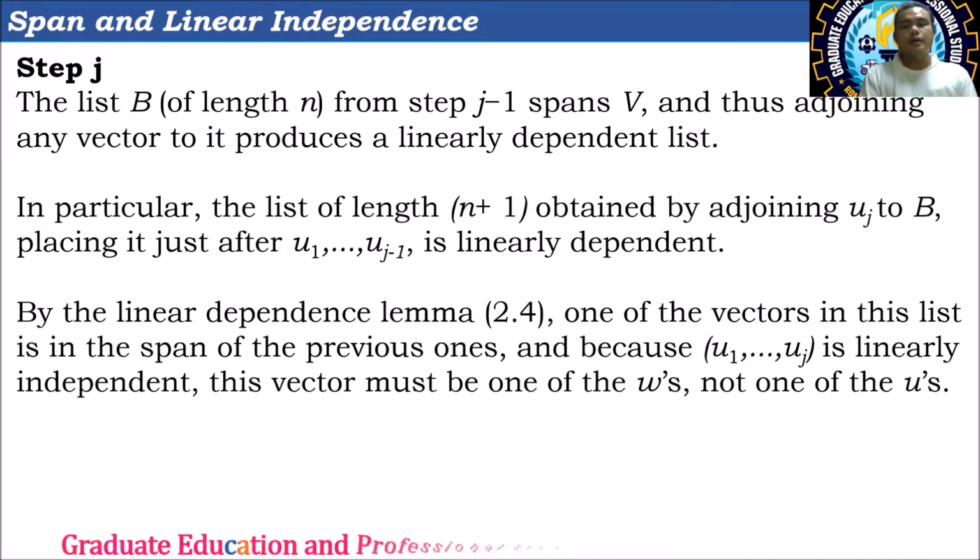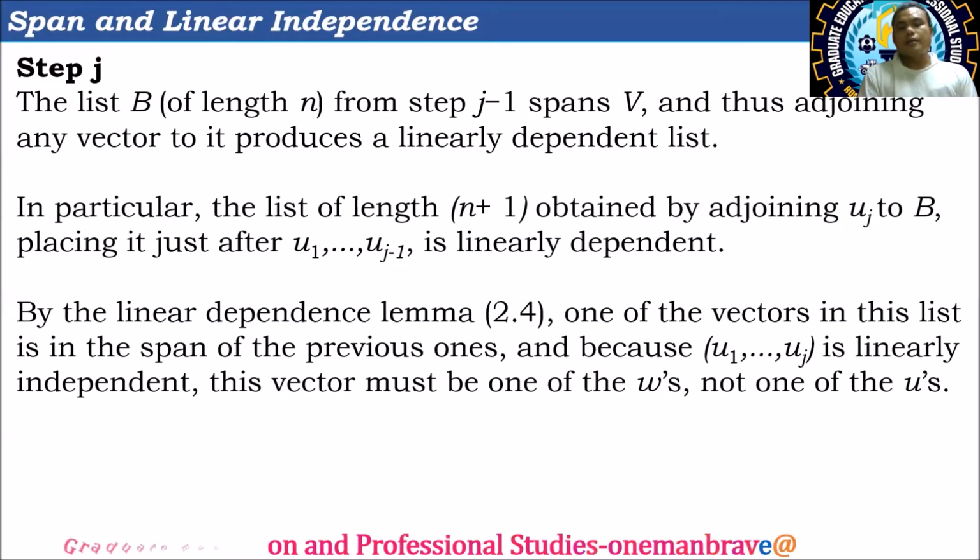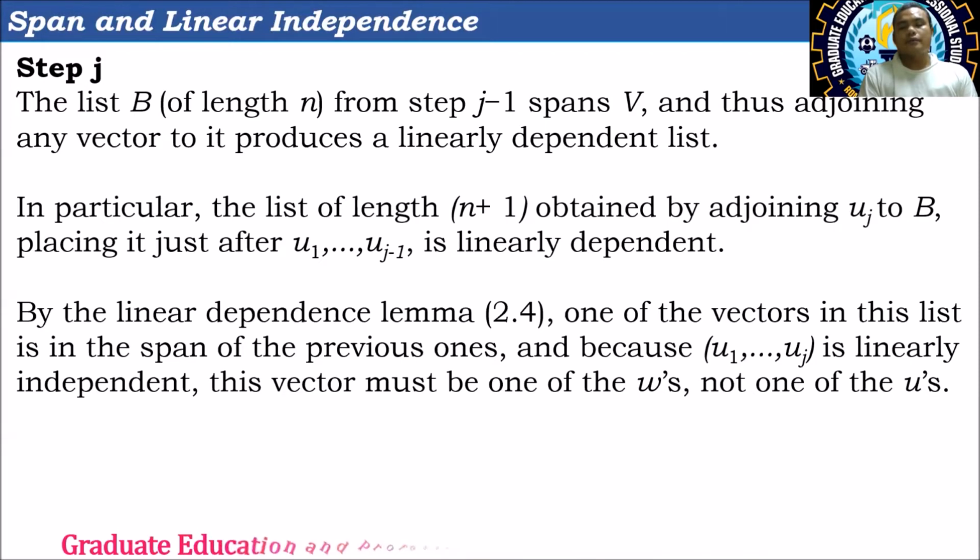Because the list of u's is linearly independent, this vector must be one of the w's, not one of the u's.